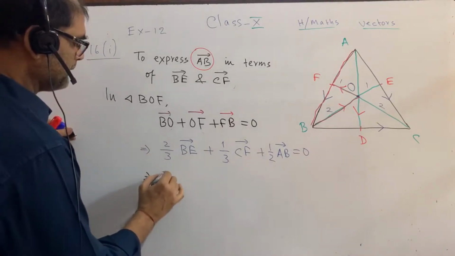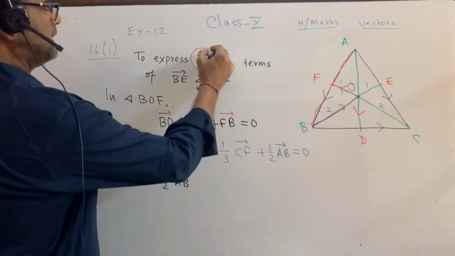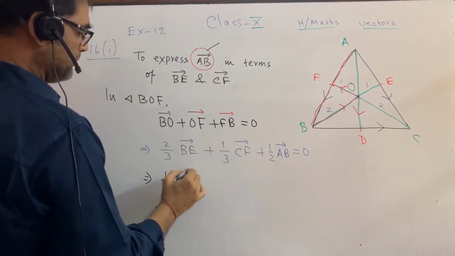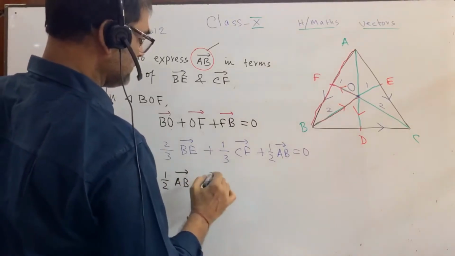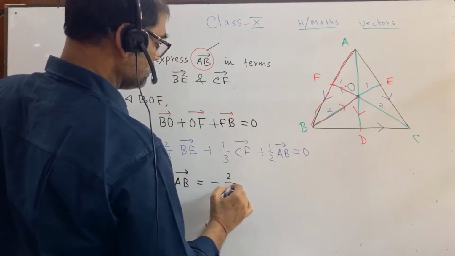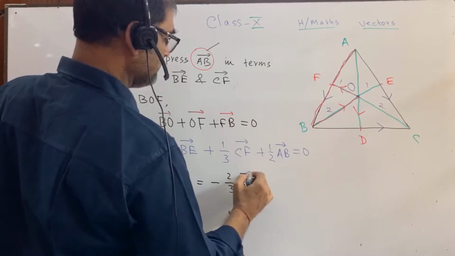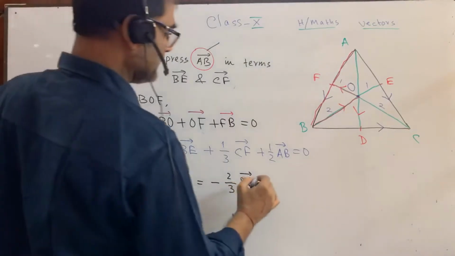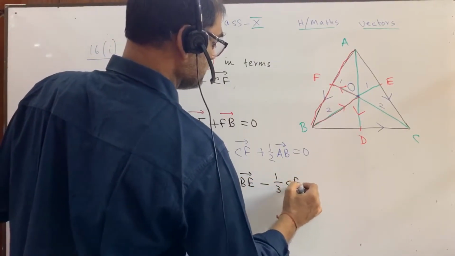Half of AB is equal to, as we have to express AB, we are getting half of AB equals to minus 2 by 3 BE minus 1 by 3 CF.